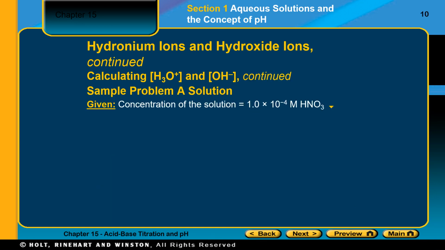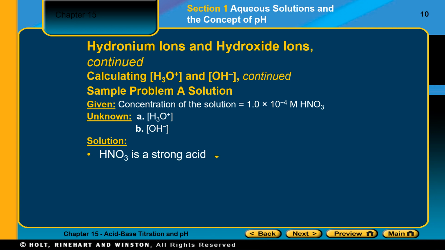So we've been given the concentration of the solution, 1.0 times 10 to the minus 4 molar of nitric acid. Our unknown is the hydronium ion concentration, as well as our hydroxide ion concentration.